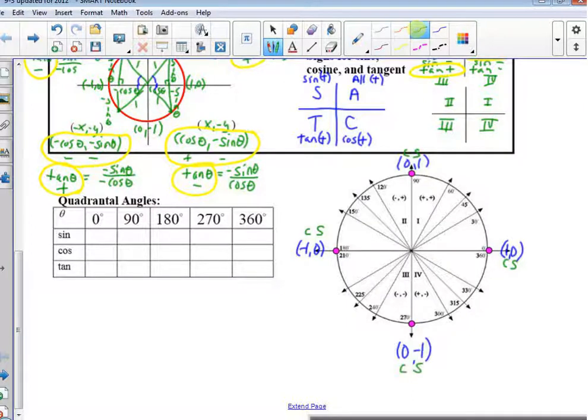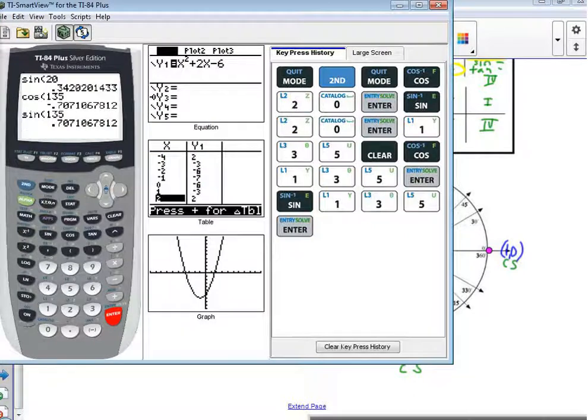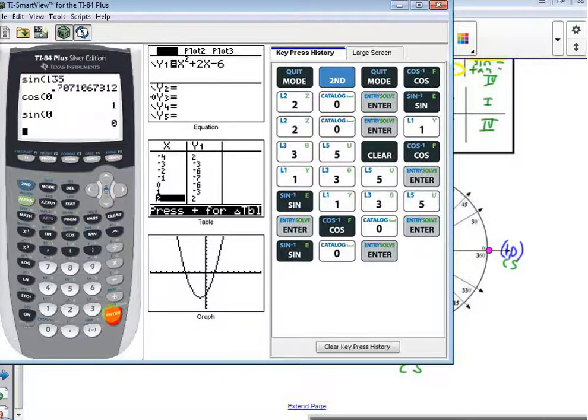These stand for cosine and sine. You're on the unit circle, so the cosine of 0 degrees is 1. The sine of 0 degrees is 0. And you could verify those on your calculator. Cosine of 0 is indeed 1, and the sine of 0 is indeed 0.